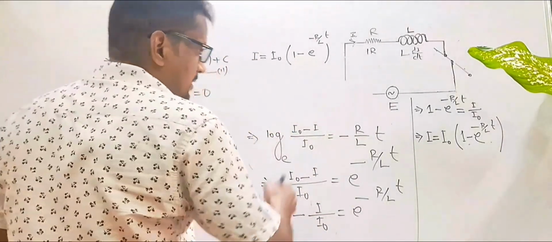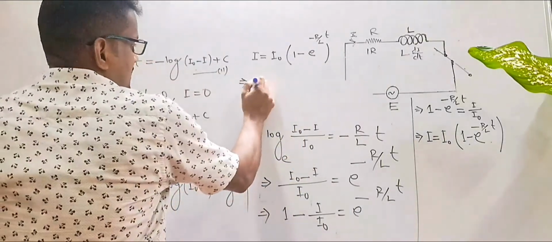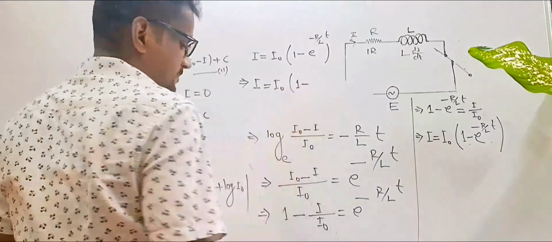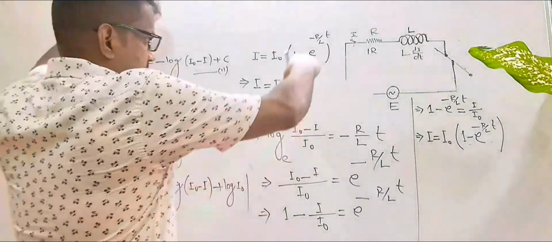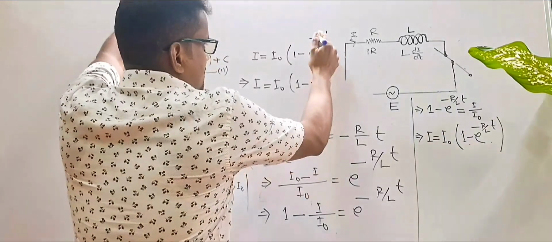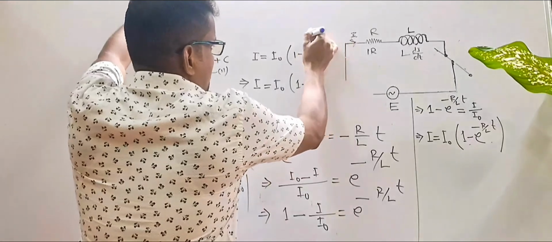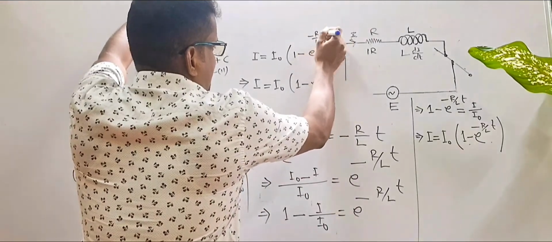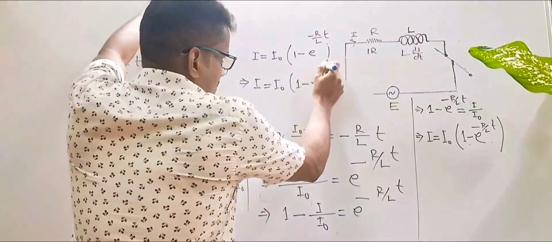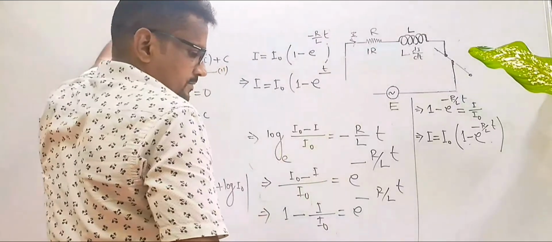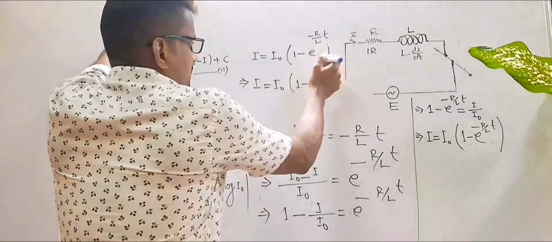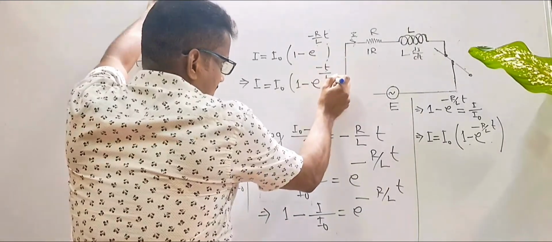One more thing you remember: this can be written as I equals I naught into 1 minus e to the power minus R by L times t. We can write it as t divided by, or minus t, L by R here.